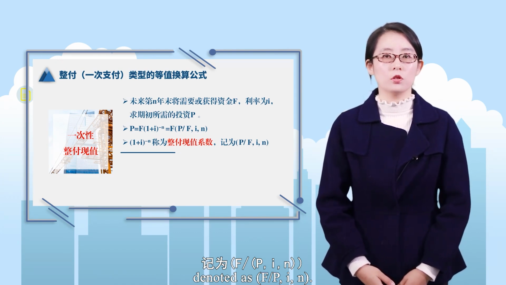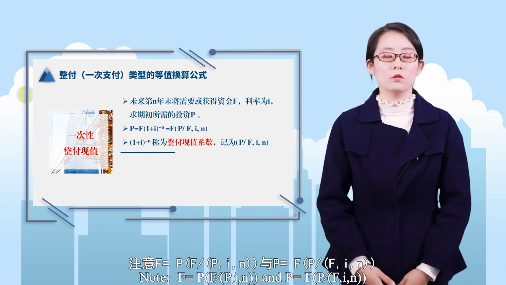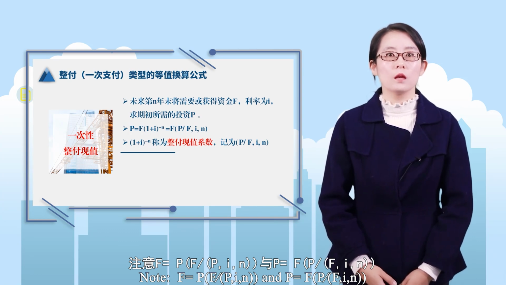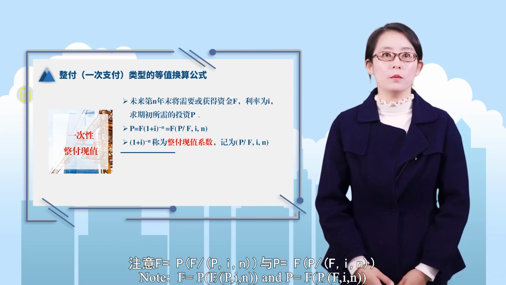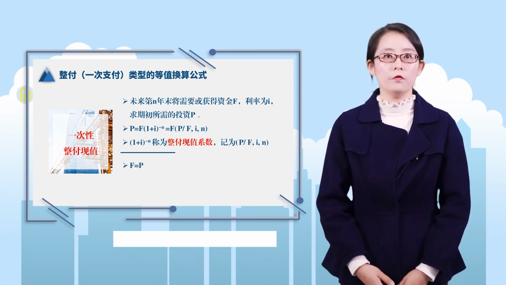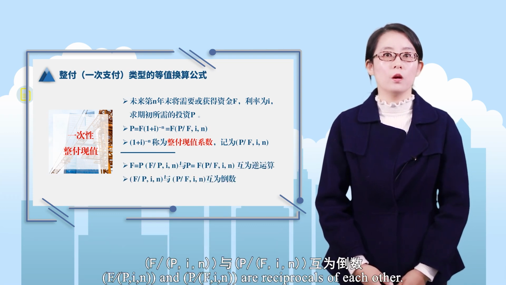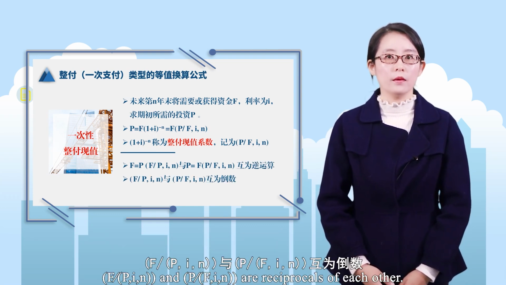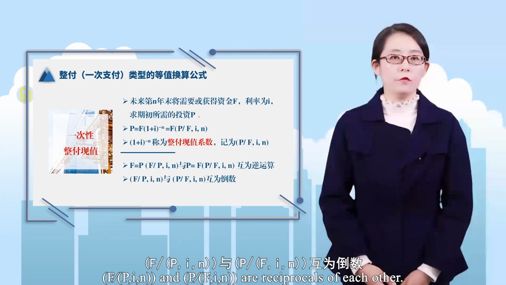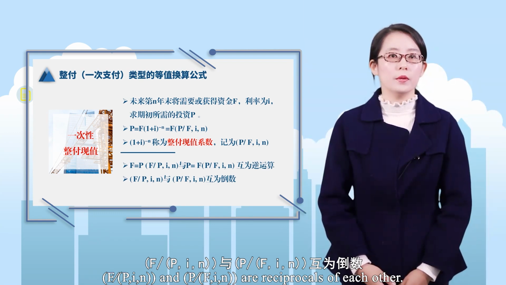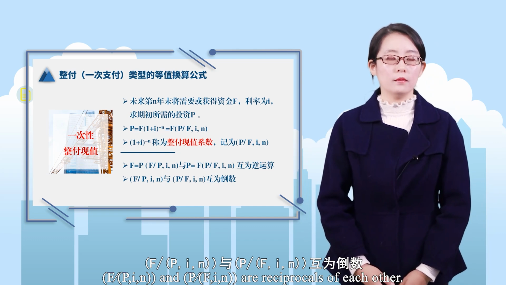F equals P multiplied by (F/P, i, n) and P equals F multiplied by (P/F, i, n) are inverse operations of each other. (F/P, i, n) and (P/F, i, n) are reciprocals of each other.